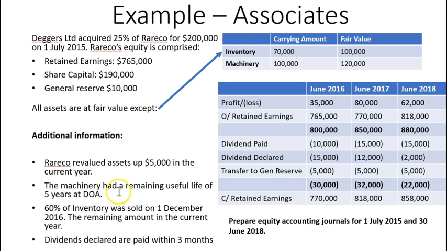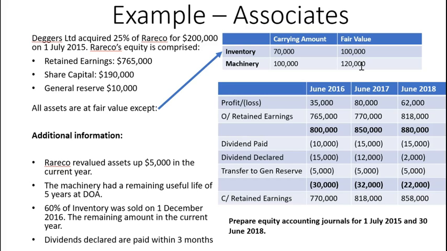We can see here that the machinery had a remaining useful life of 5 years at the date of acquisition. So we know that Rareco will be depreciating at $100,000 divided by 5, so $20,000 per year. From our point of view, Deggers Limited, the acquirer, we need to depreciate using the $120,000 cost base. So $120,000 divided by 5 gives us $24,000.